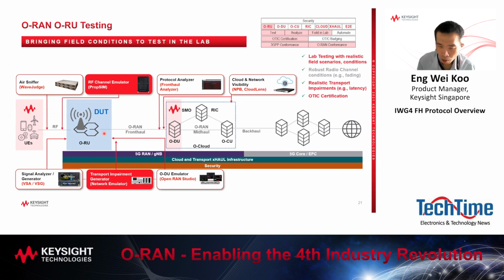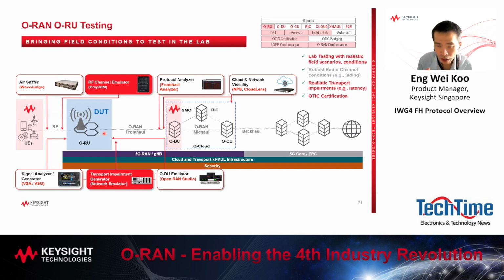But when you want to test the ORU in cases that exercise the delay management feature for up to 20, 30 kilometers with switches and routers in between that we know will be inserting some of these realistic impairments, this is when we apply the transport impairment generator into this network. And transport impairment, in terms of validating the delay management feature, is a requirement to receive the OTIC certification.